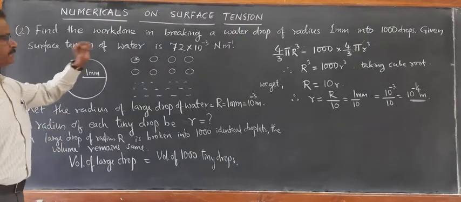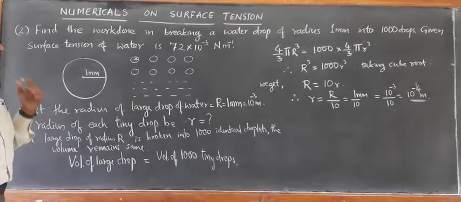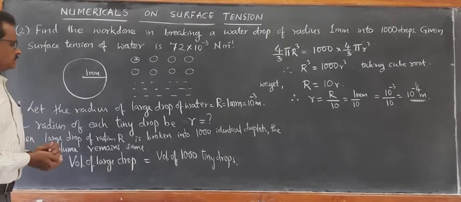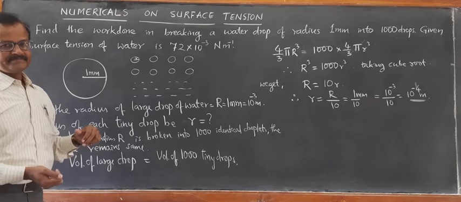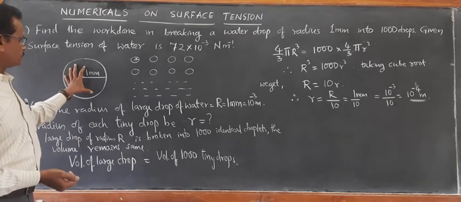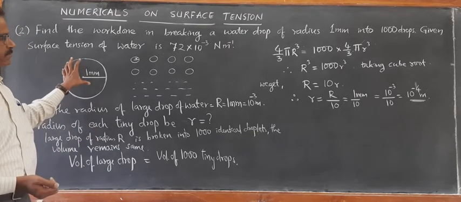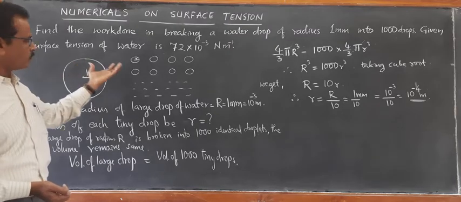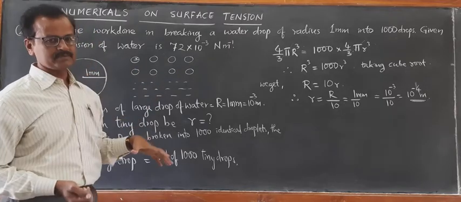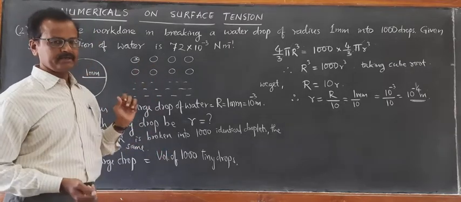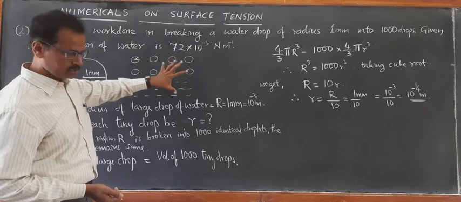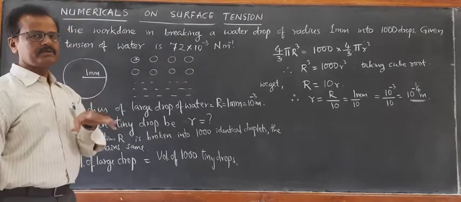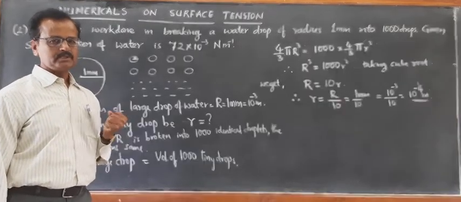Now, what is the work done in breaking that is required? Work done in breaking can be calculated as the work done in changing the area. The area of the large drop is 4 pi R square, the spherical surface area. Then what will be the area of 1000 drops? That becomes the final area. The final area of 1000 drops minus the initial area of one large drop gives us the change in area.